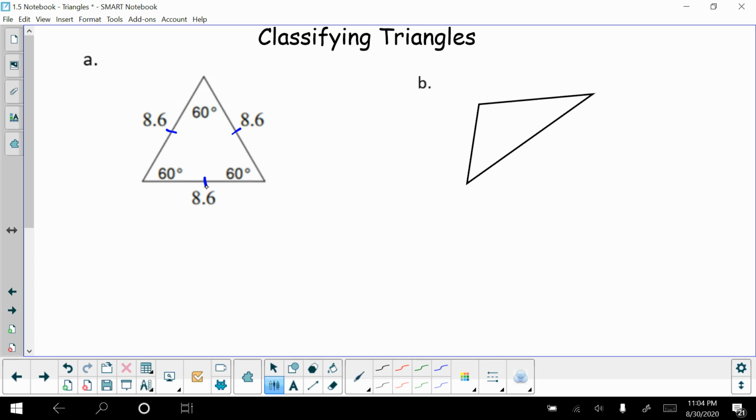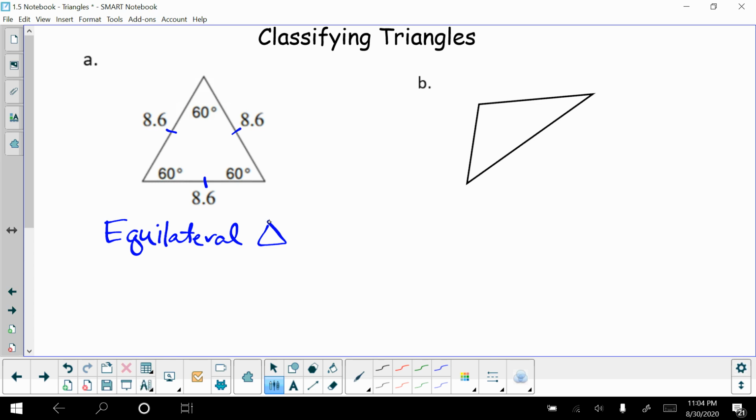You don't necessarily have to do that because all equilateral triangles are always acute. If you just say equilateral triangle, that would be a good enough term to classify this one. So you don't need to have acute. If you do have it, it's okay too. It's not going to be incorrect.